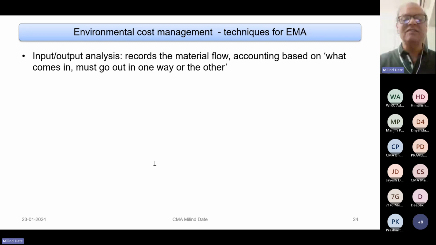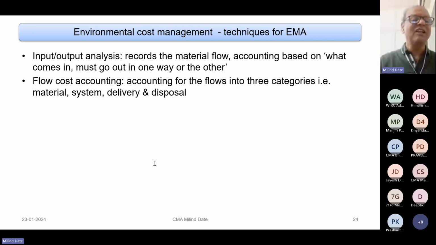Input output analysis. Next technique that is used is flow cost accounting. The first method uses only flow of material, but second is expanded method that takes into account the flow of material, and in addition to that, system, all the processes, all the activities, not necessarily related only to material. And then finally, delivery and disposal of the waste that gets created.